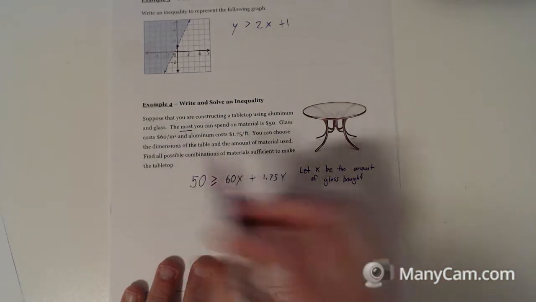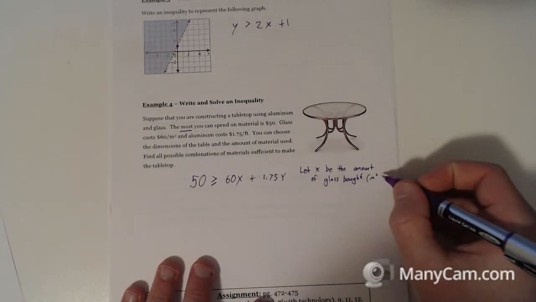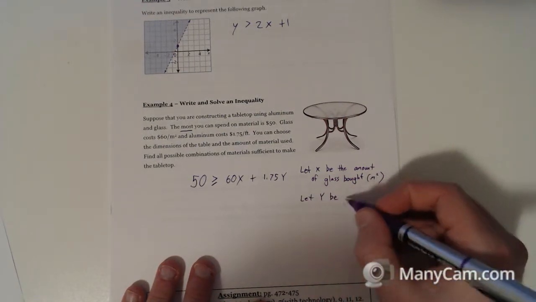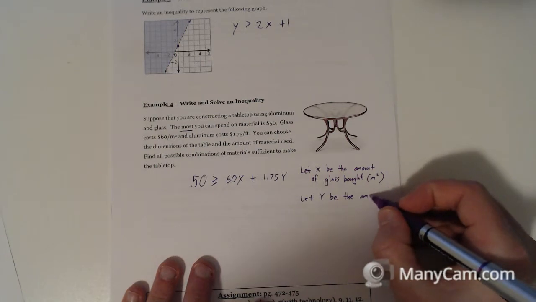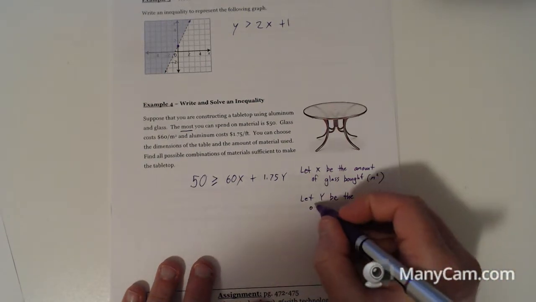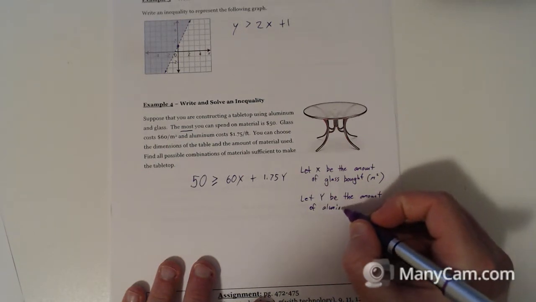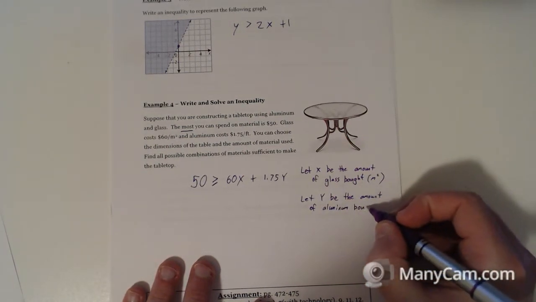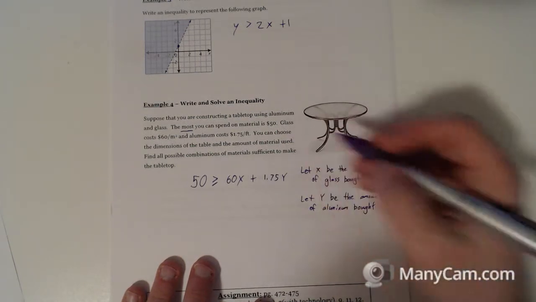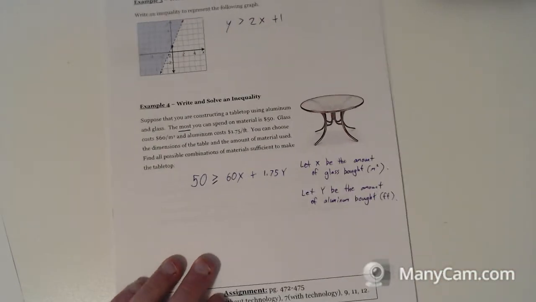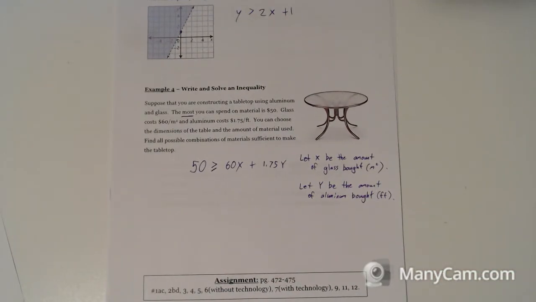Units in meters squared. And let Y be the amount of aluminum bought. And units in per foot. Good. I think that's going to work out. Find all possible combinations of the materials, and that's pretty much it.